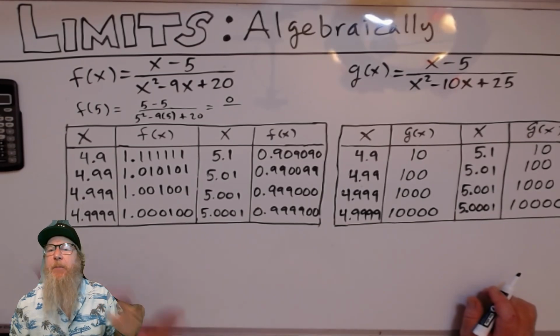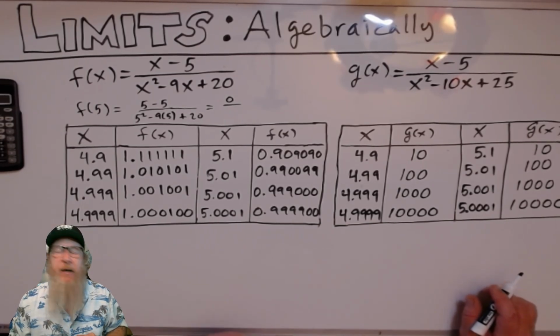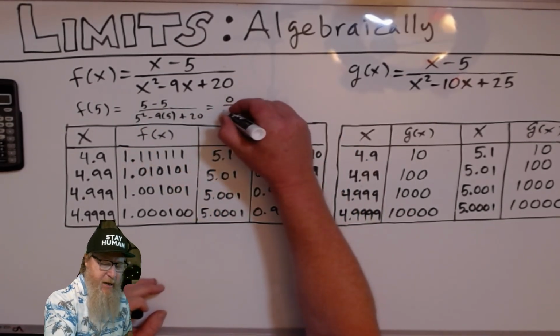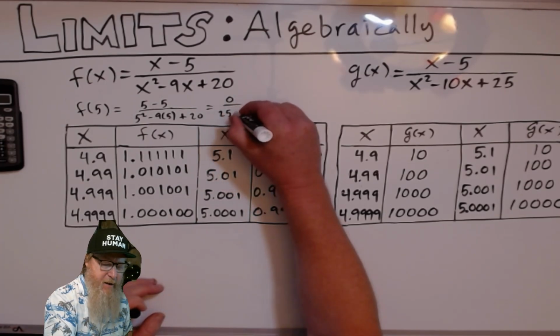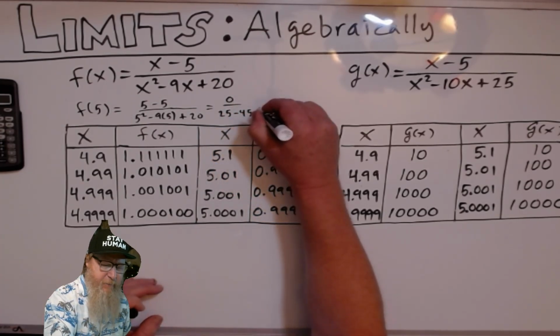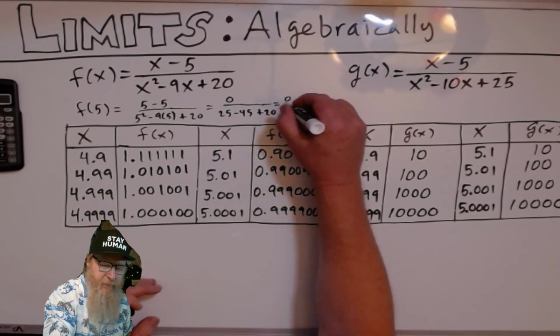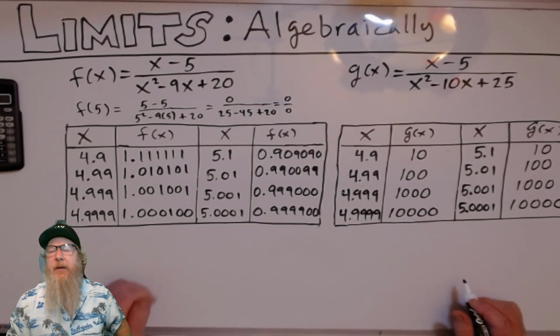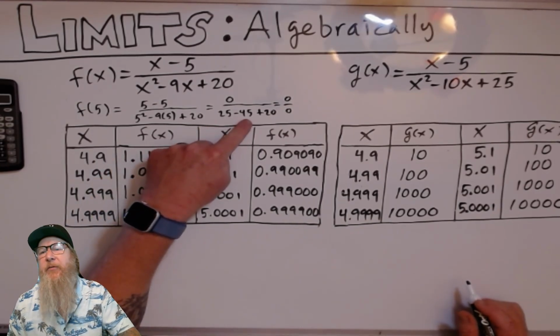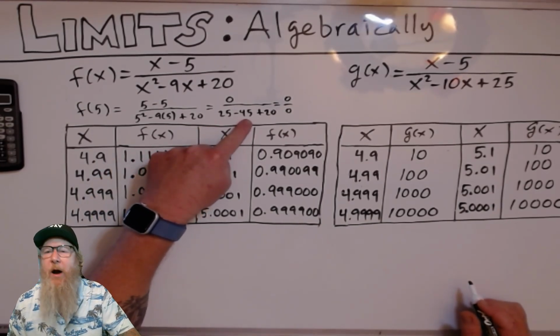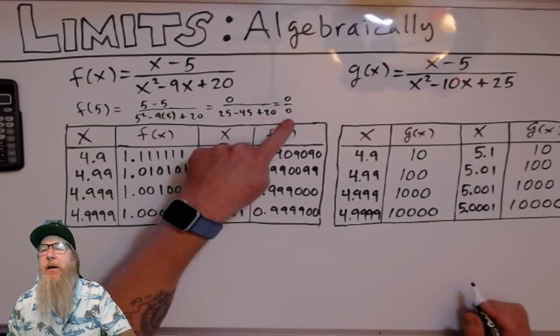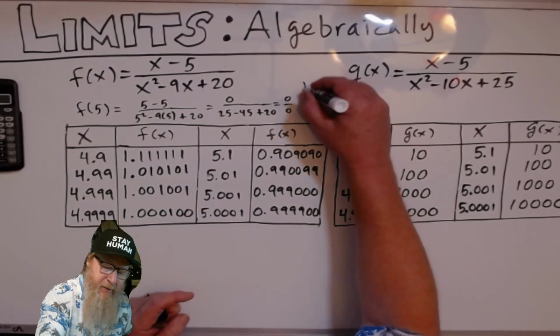That's not a problem. Let's see what happens in the bottom. We get 25 minus 45 plus 20, and there's the problem. 25 minus 45 is negative 20, and then plus positive 20 gives us 0 in the denominator.